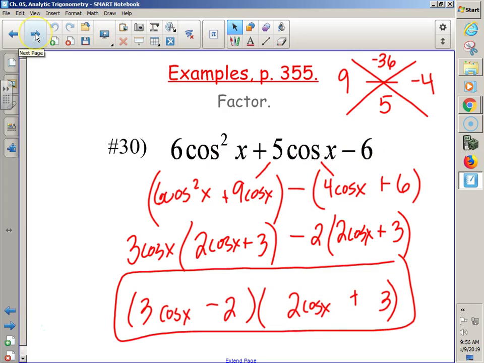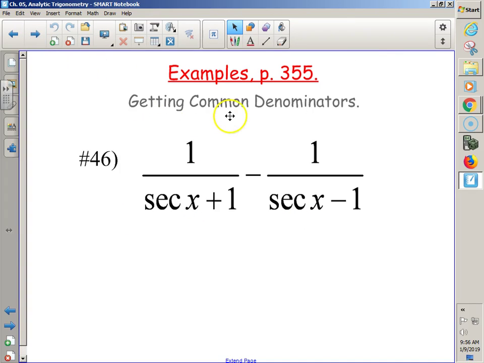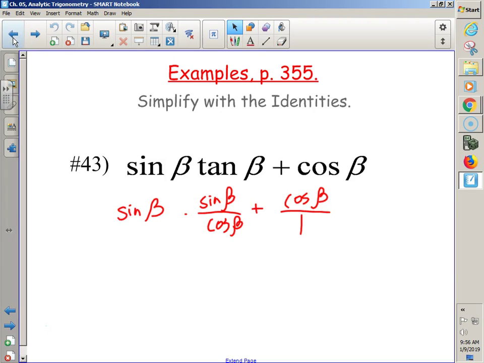This one's kind of awkward. It just says simplify. But we're going to see in a second, oh, we can get common denominators. That can help. Oh, we can substitute and simplify. That can help. We're learning how the pieces work together, all trying to get to what we saw yesterday is the ultimate goal of getting these equations that are basically impossible to solve unless you change them.